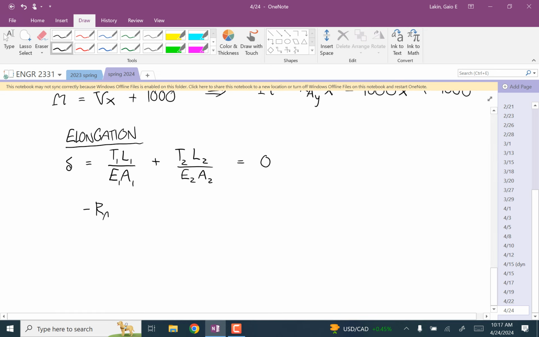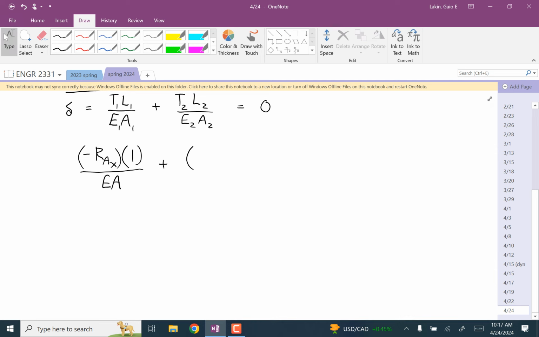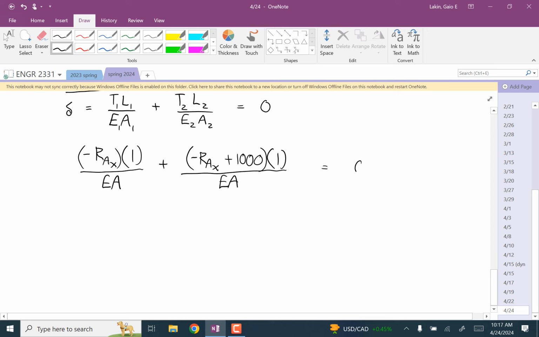So negative RAX times 1 meter divided by, I'll just leave these as E times A, plus the internal tension on the second piece, so that's negative RAX plus 1,000 times the length of the second piece divided by EA is equal to 0.